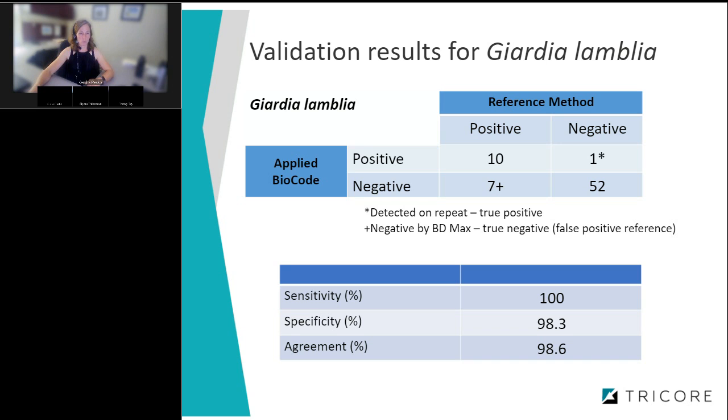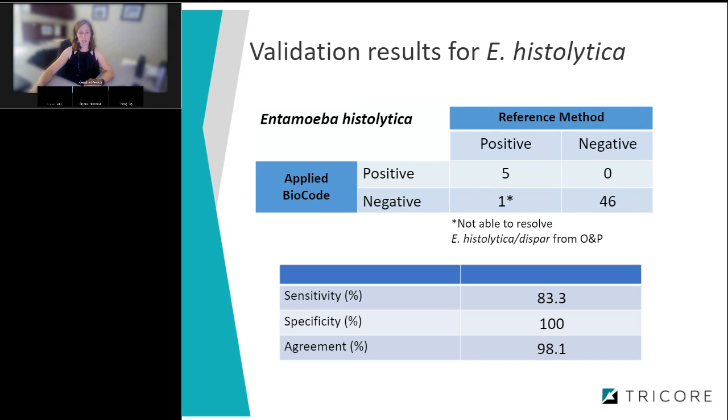There was one sample that tested negative on our reference method and positive by the BioCode. This was actually a true positive. It was positive by BD Max, and we saw it testing positive when we repeated it on the BioCode. So the overall sensitivity for this platform is 100%, specificity 98.3%, and agreement 98.6%.